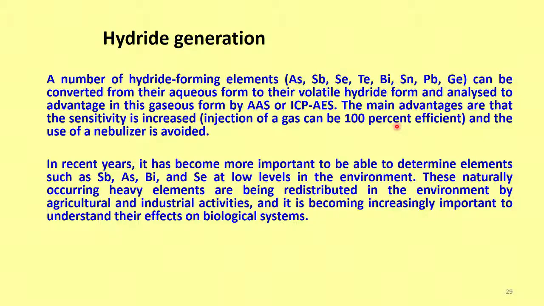I have given you earlier that the analysis of aluminum in brain is important because of Alzheimer's disease concerns, and these naturally occurring heavy elements are being redistributed into the environment by agriculture and industrial activities. Many of these elements are there in the air which we breathe, so it is becoming increasingly important for us to understand their effects on biological systems.